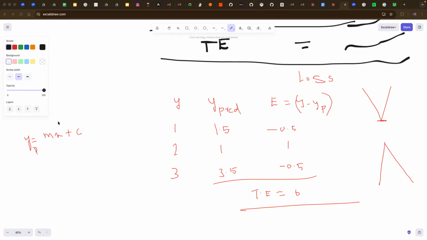Just for the sake of simplicity, let us assume that your model is passing through the origin. In that case, you will not have the constant term, only y equal to mx. So it is passing through the origin. Here x is the constant and m is the variable.